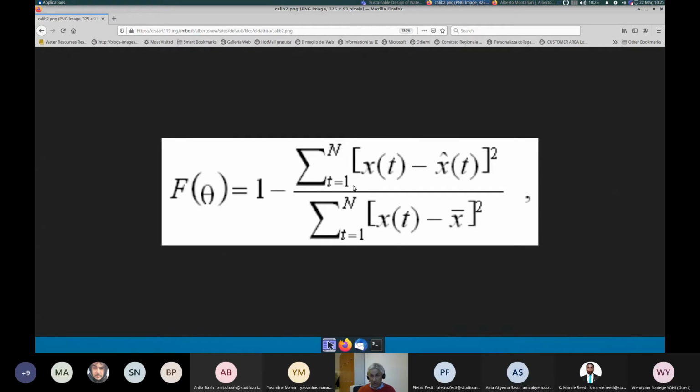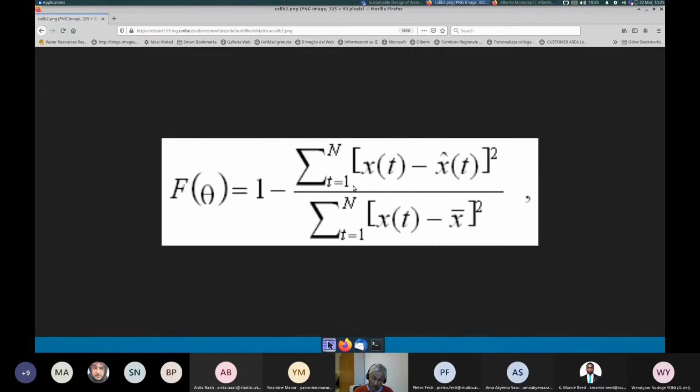We say that usually, in hydrology, for a rainfall-runoff model, a Nash efficiency lower than 0.5 is very poor. It's a very poor model. We start talking about a useful model when we are around 0.5. I'm talking about rainfall-runoff modeling, which is usually performed with hourly or daily data.